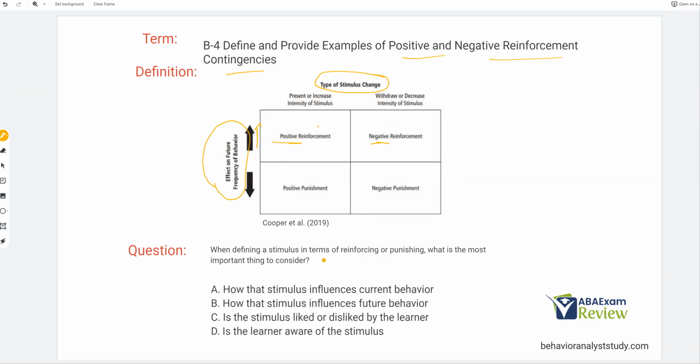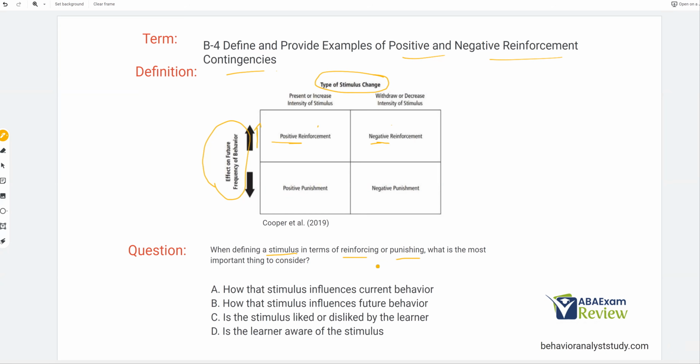So when defining a stimulus in terms of reinforcing or punishing, what is the most important thing to consider? What do we need to consider above all else when we classify a stimulus as either reinforcing or punishing? Because we have preference assessments, right? Where we identify things clients like or dislike, but that doesn't make it a reinforcer.